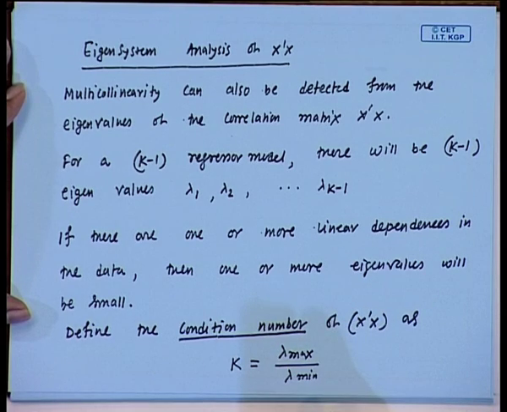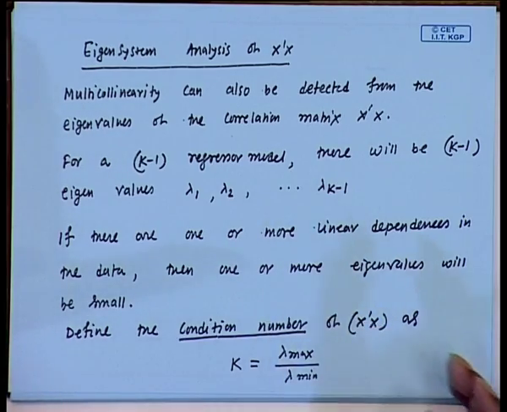Now, you know that one or more small eigenvalues indicates one or more linear dependencies among the regressor variables, or linear dependencies among the columns of X. Now, look at the condition number here.